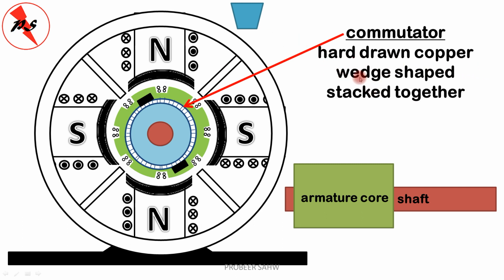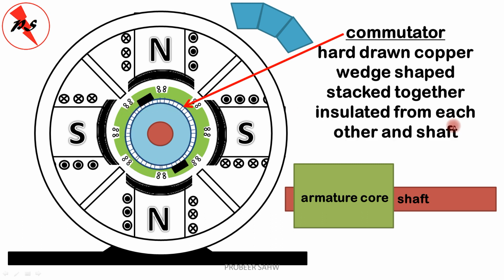We stack together a number of wedge shaped pieces to complete this commutator structure, and each wedge shaped structure is insulated from each other as well as the shaft. So each small part of the commutator is insulated from each other and it is also insulated from the shaft.